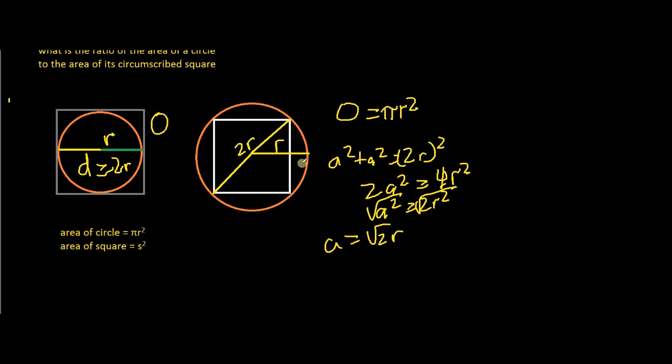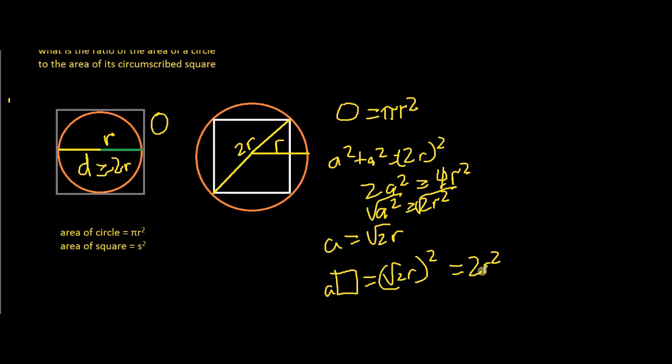So then the area of the square is the square root of 2 r, squared. Well, that's just 2r squared. Okay, so we have the area of the circle, pi r squared.